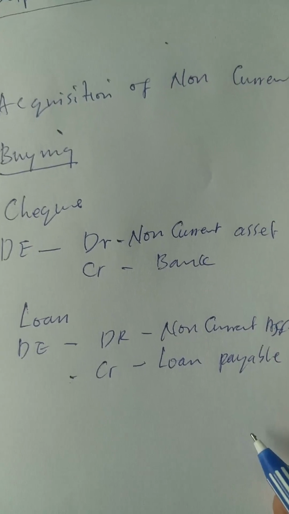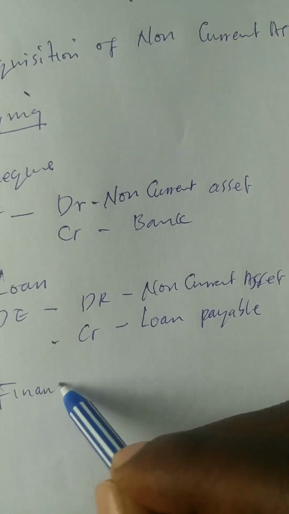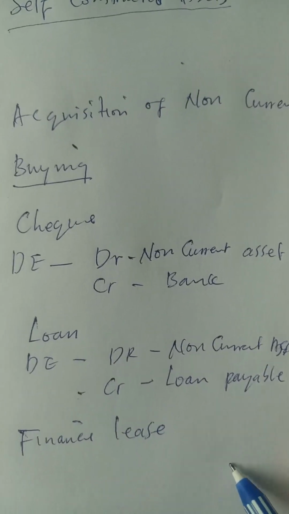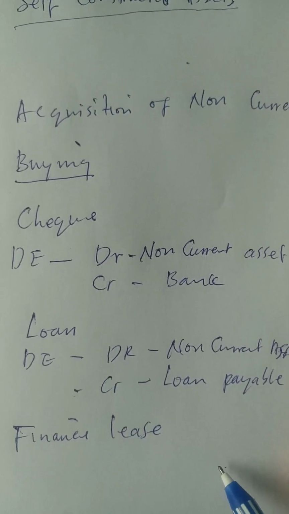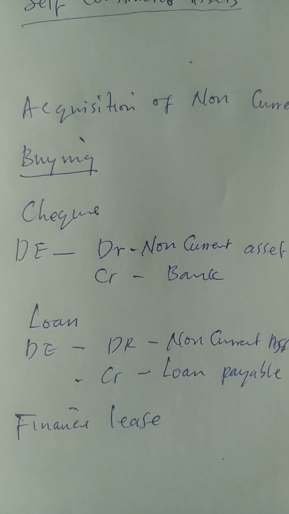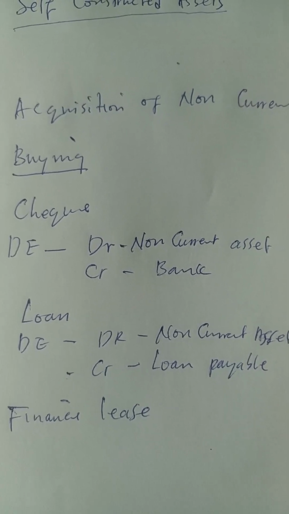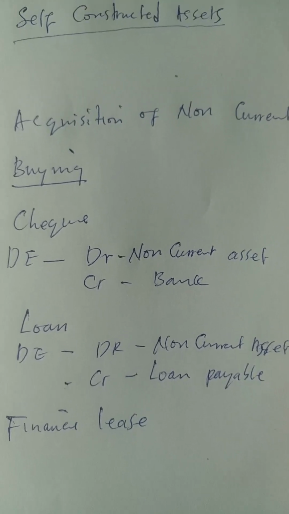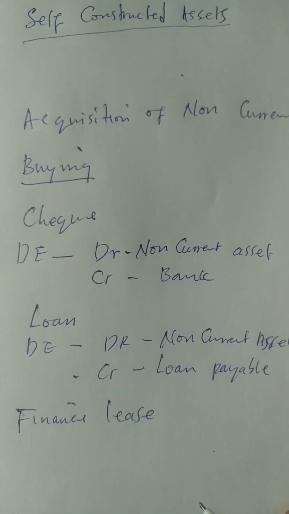Either the other way is by finance lease. Lease is whereby you acquire a property on lease. You agree on a number of years you're going to use that property, meaning you've acquired it for that period. Whereas the person who's the original owner still owns that property, but because it's on lease, you also own it for that particular agreement.